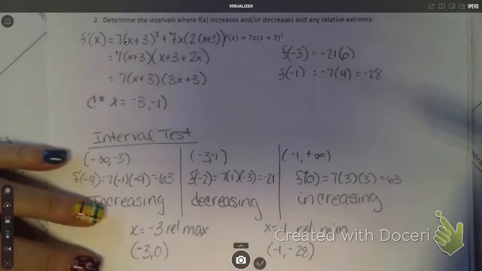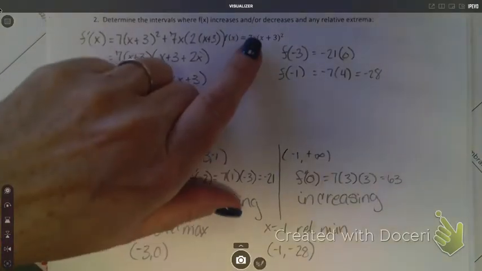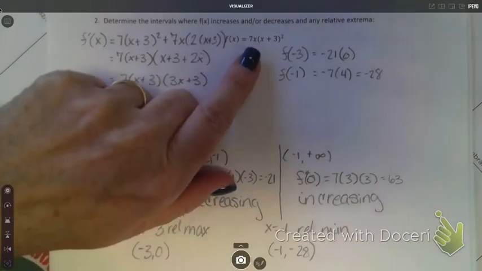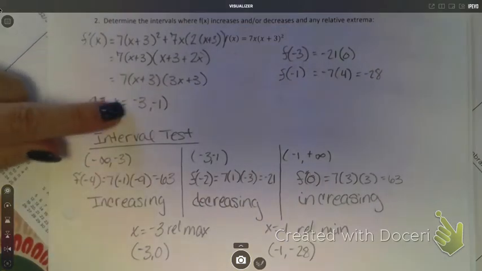There we go. Okay, determine the intervals where f of x increases and or decreases and any relative extrema. So you found your derivative, and your critical numbers were -3 and -1.